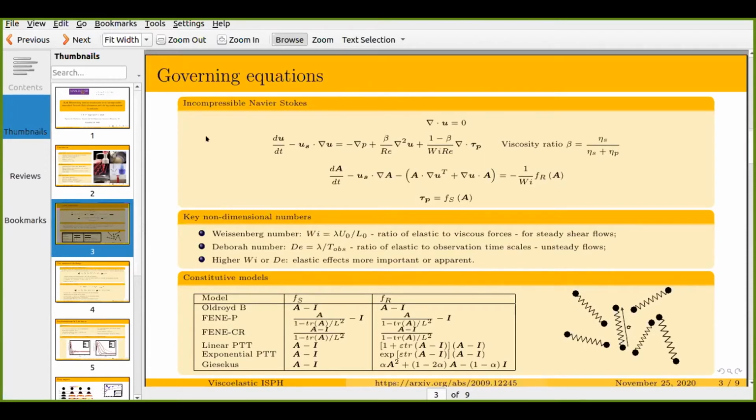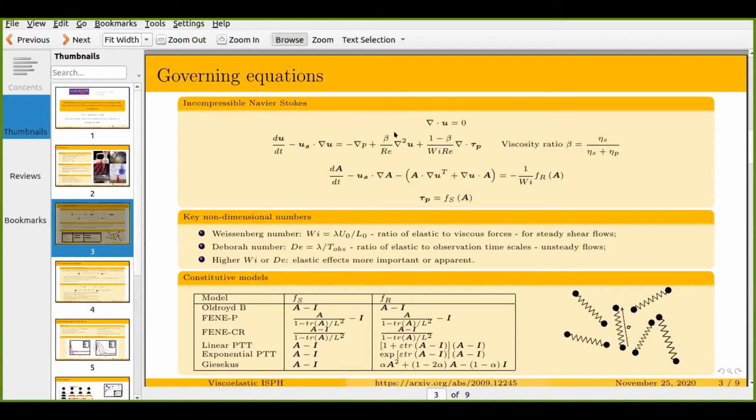Now, alongside these equations, we have to evolve an equation for the conformation tensor of the fluid. The conformation tensor is a macroscopic measure of the microscopic, or molecular, deformation of the fluid. So if we imagine that the viscoelastic fluid is a suspension of some Newtonian liquid with a load of long stretchy molecules represented by springs and dumbbells, this equation for the conformation tensor models the evolution of the average deformation of these springs.